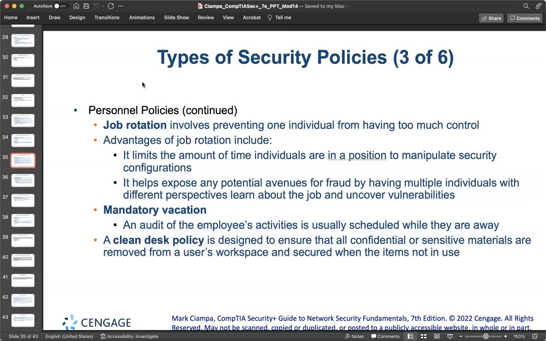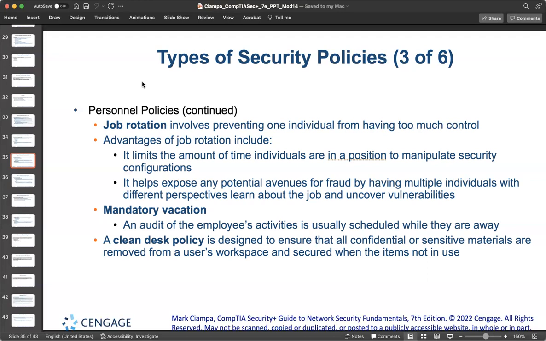It also helps expose any potential avenues for fraud by having multiple individuals with different perspectives learn about the job and uncover vulnerabilities. More eyes looking at the same topic gives you more angles and therefore more knowledge and better analysis.